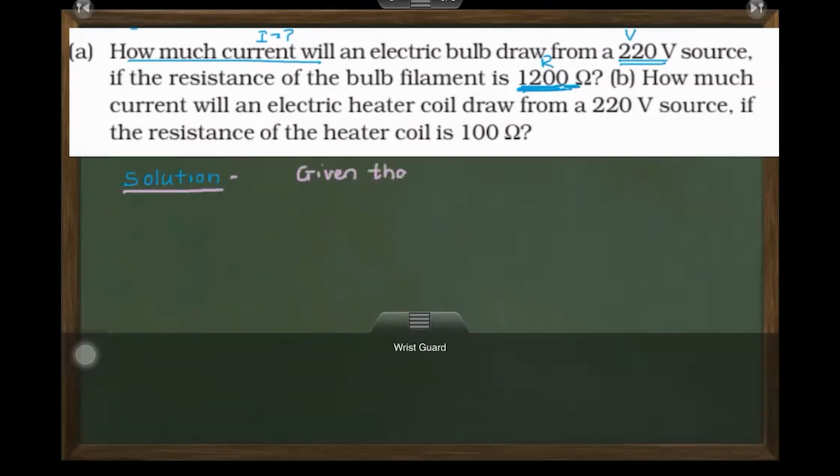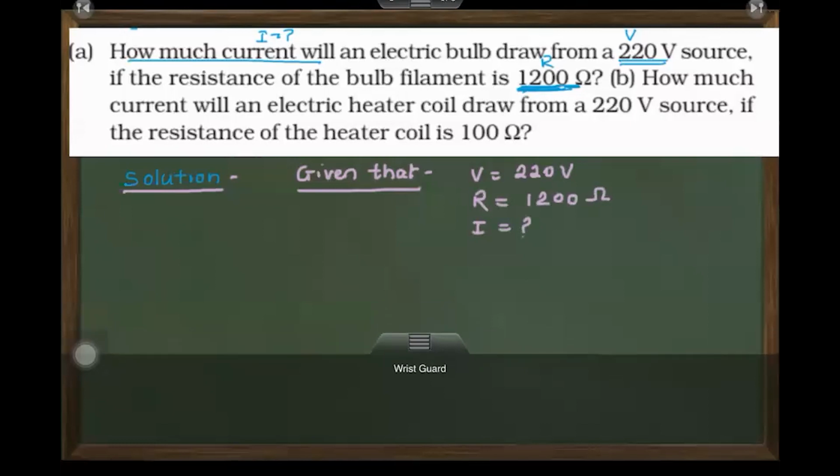In CBSE, we have to follow a certain way, because the people who correct there are very aware of that. So given that V is equal to 220 volt, R is equal to 1200 ohm, and then find the value of I.